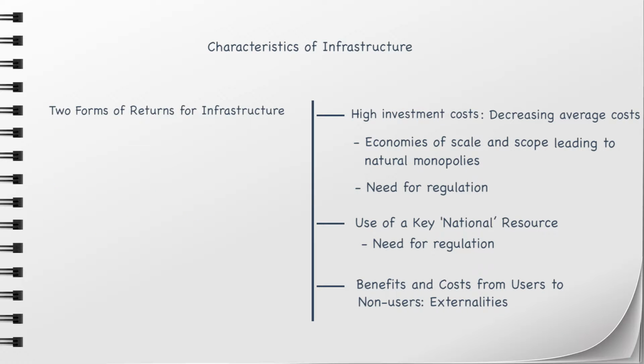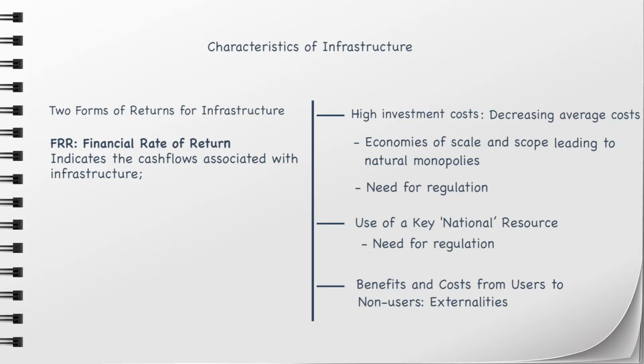There are two forms of returns for infrastructure. First, we say financial rate of return. The financial rate of return is where you can clearly see what are the cash flows that are associated with that infrastructure, both in terms of how much money is going into creating that infrastructure and what are the revenues we are getting from that.